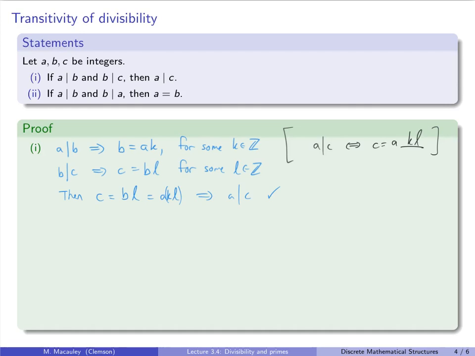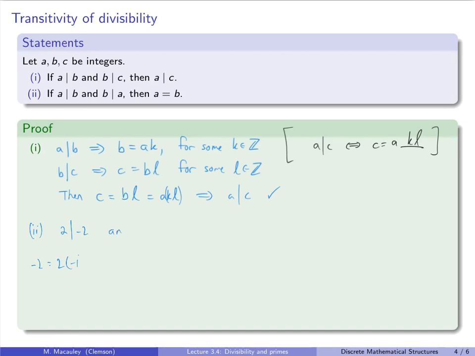The second one, if a divides b and b divides a, then a equals b. Well, to show this is false, all we have to do is find a counterexample. So what about 2 divides negative 2? And that's true. Even though negative 2 is a smaller number, this holds because negative 2 equals 2 times negative 1.